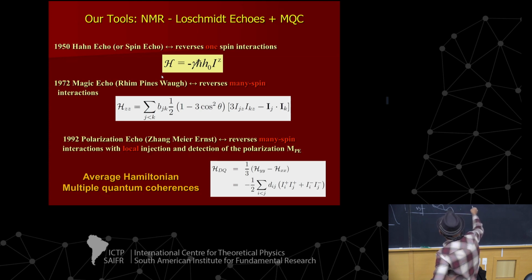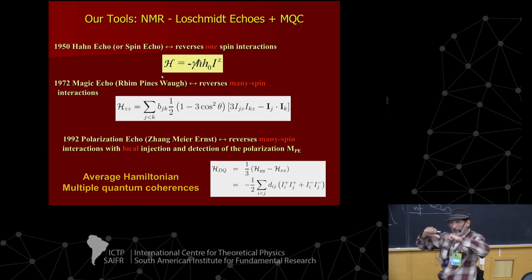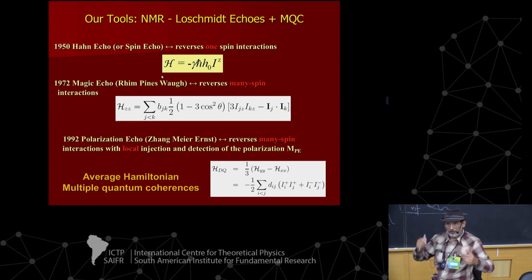In that case, you are, for example, able to build a double quantum Hamiltonian. You use a dipolar Hamiltonian along the y direction and a dipolar Hamiltonian along the z direction. You use them with different signs, and you build flop-flop and flip-flip Hamiltonians. That's a double quantum that, again, does not conserve the polarization.